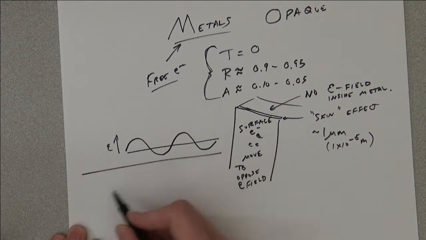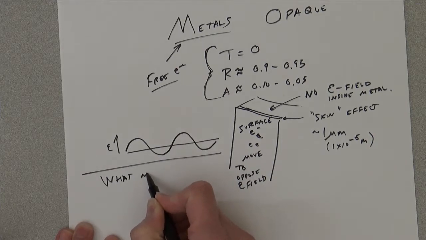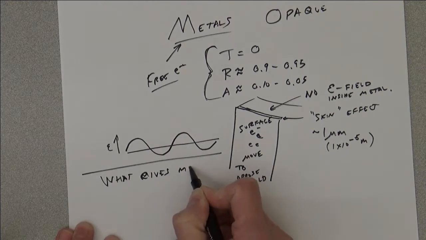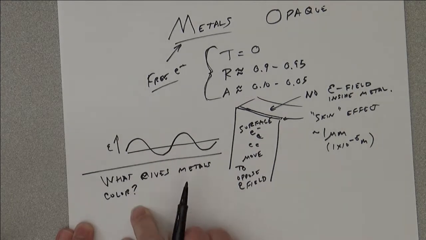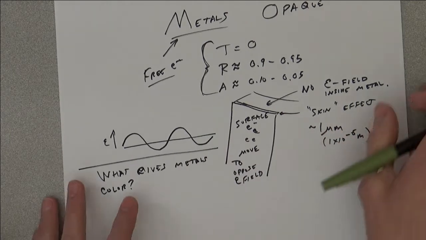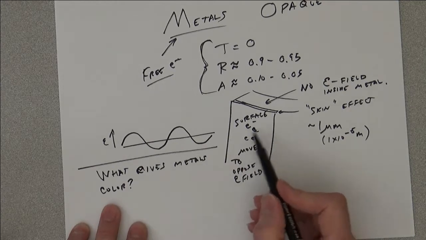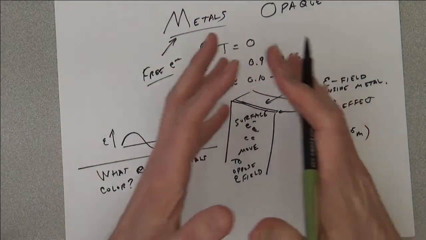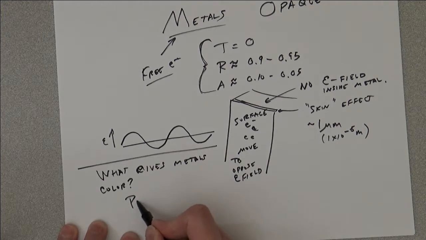Right? If you ask yourself, what gives metals their color? This color, for example, why is gold, silver, lead, gray? This has to do with the electrons on the surface. So these free electrons, they can move around kind of collectively, and that is called a plasmon.